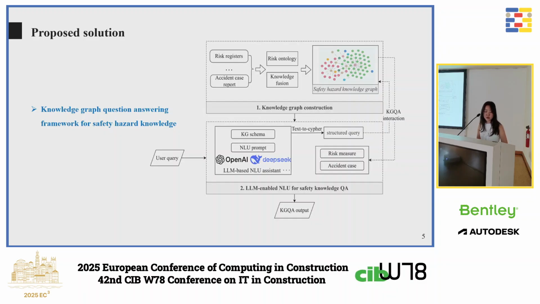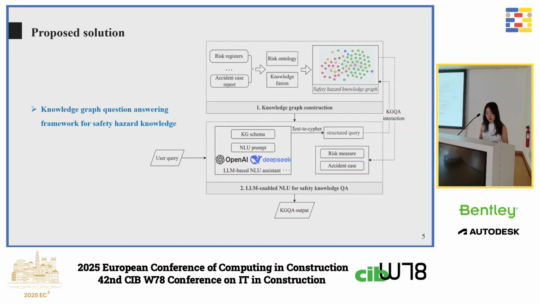So in this work, we propose a knowledge graph question answering framework for safety hazard knowledge. In the first part, we construct the safety hazard knowledge graph by integrating different sources merged in one knowledge graph by the predefined ontology.